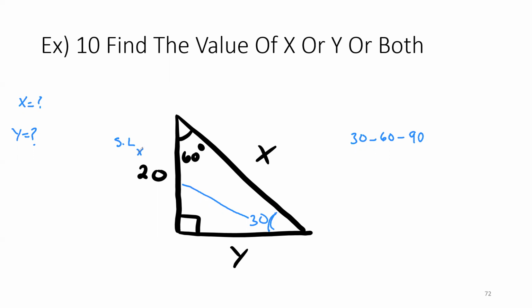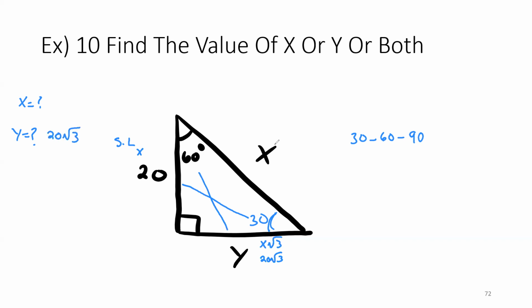We call the smallest leg x. Then angle 60 goes with side length y, which is the largest leg. We can express that as x radical 3. We said that x is 20, so y is 20 radical 3.